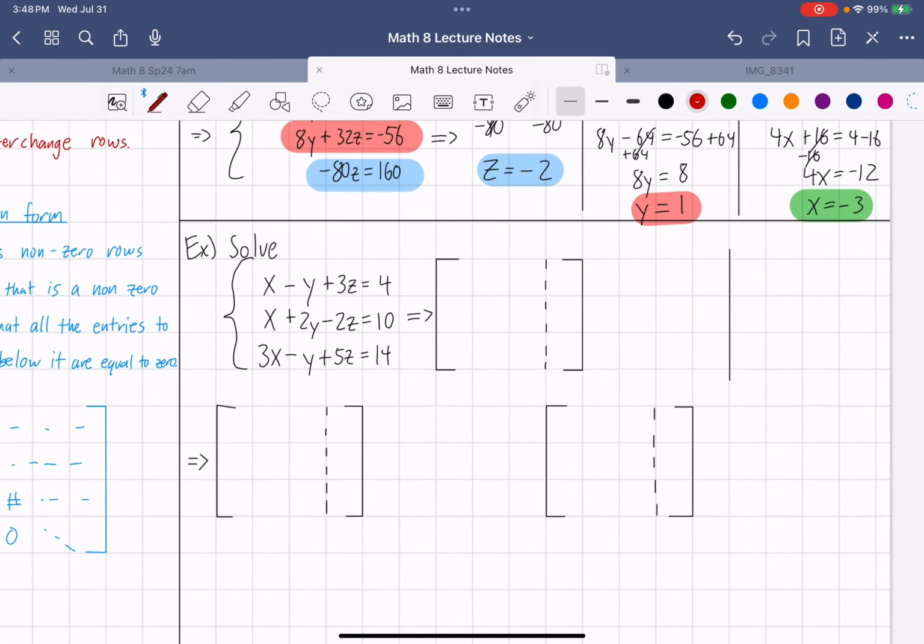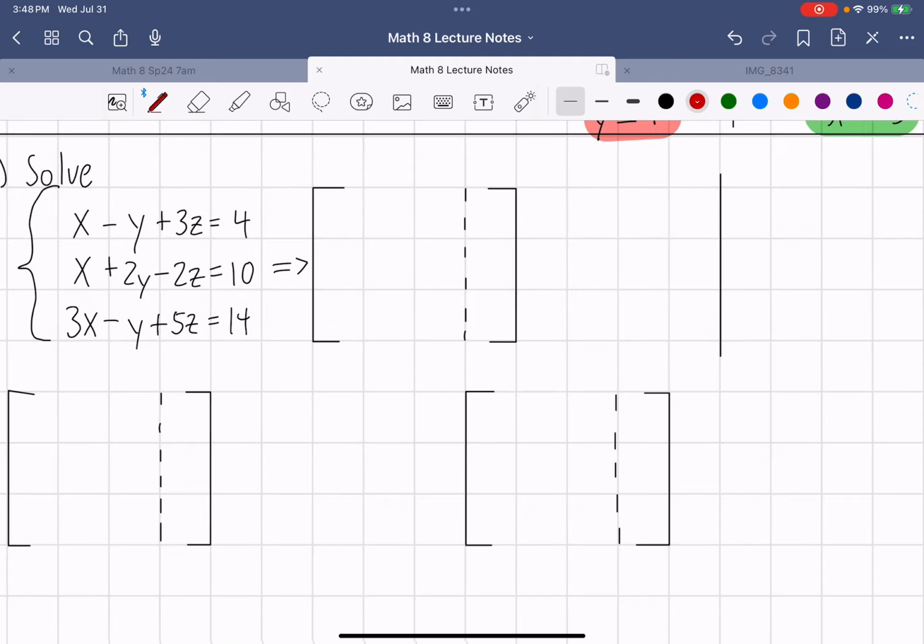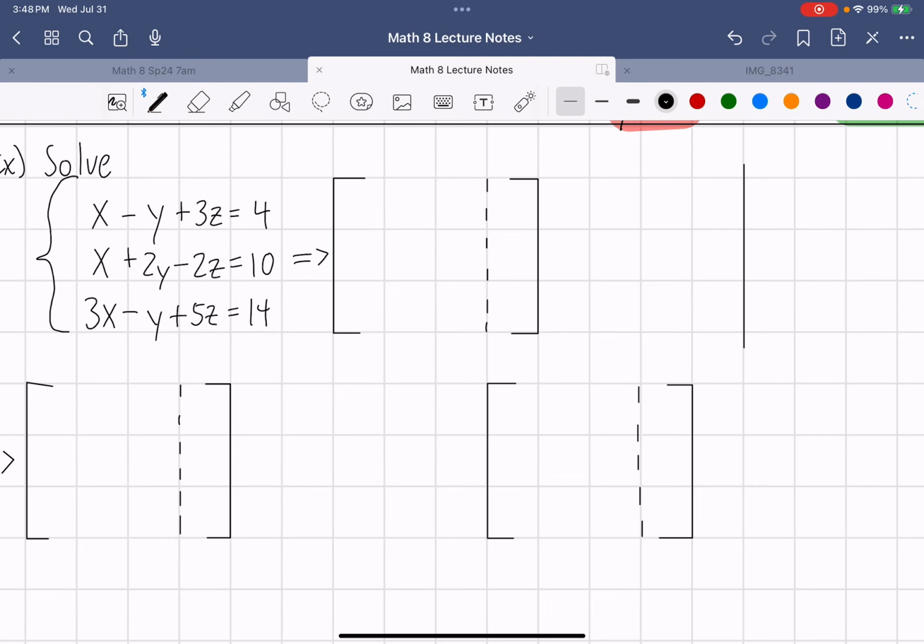Now we can do one more example real quick. Move a little faster. But again, we have 1, 1, 3, -1, 2, -1, 3, -2, 5, 4, 10, 14.